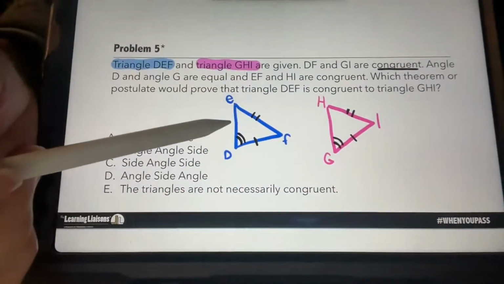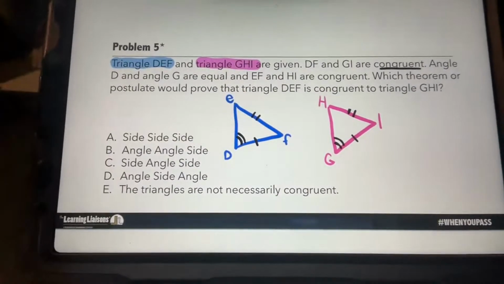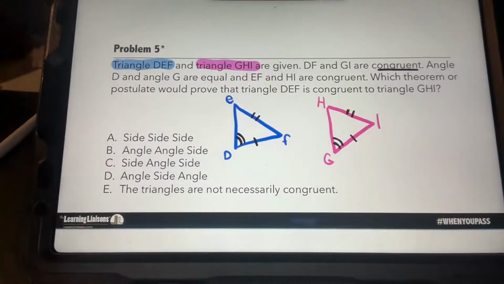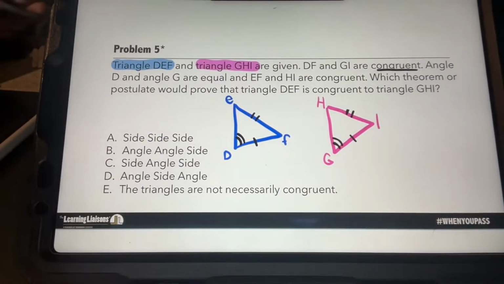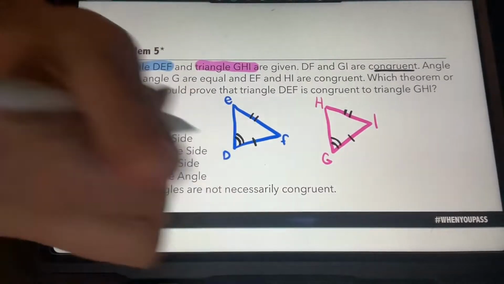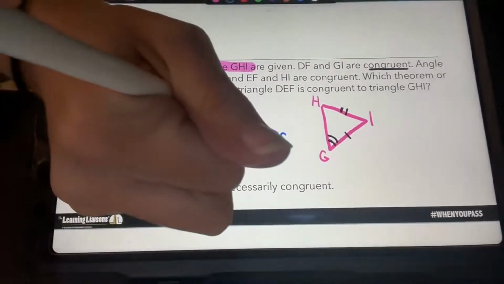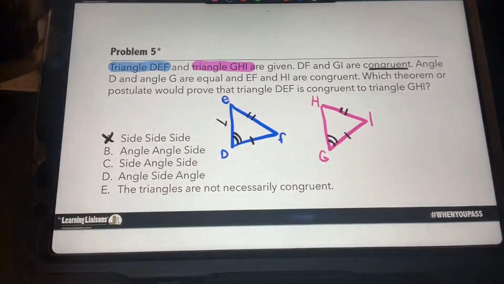Angle, angle, angle is not, because we can have the same angles and we can expand that triangle proportionally and have different sides. But if all of our sides are the same, then all of our angles are the same. However, we don't know if this third side is congruent. We were not given that. So I cannot use side, side, side because I wasn't given that that side is congruent.